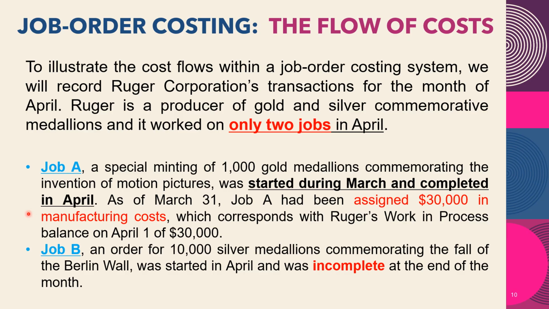As of March 31st, Job A had been assigned $30,000 in manufacturing cost, which corresponds with Roger's work in process balance on April 1st of $30,000. Job B is an order for 10,000 silver medallions commemorating the fall of the Berlin Wall. It was started in April and was incomplete at the end of the month.